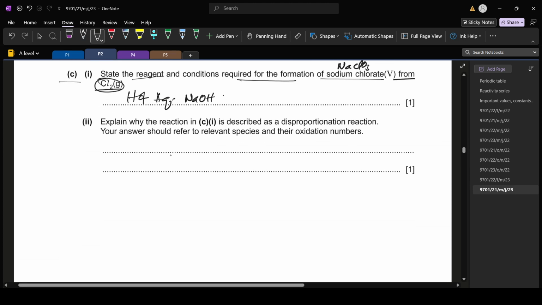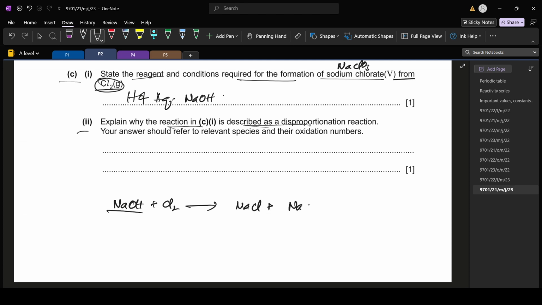Now part 2: explain why the reaction in C1 is described as a disproportionation reaction. It is a disproportionation reaction because when hot sodium hydroxide reacts with chlorine, it forms NaCl plus NaClO3 plus water. The chlorine is both oxidized and reduced.